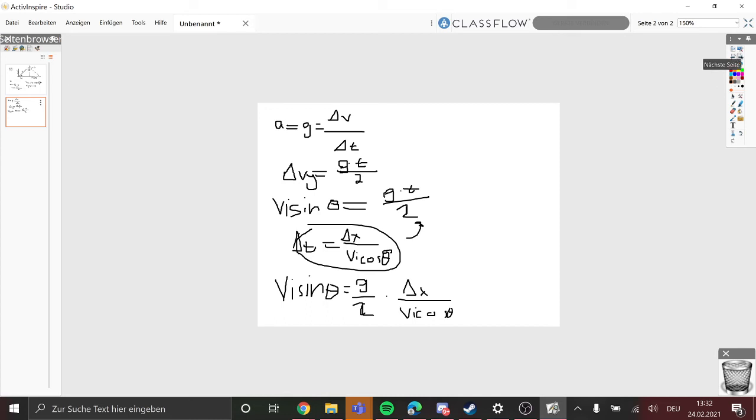Now we want to set up a situation where we can solve for Vi.